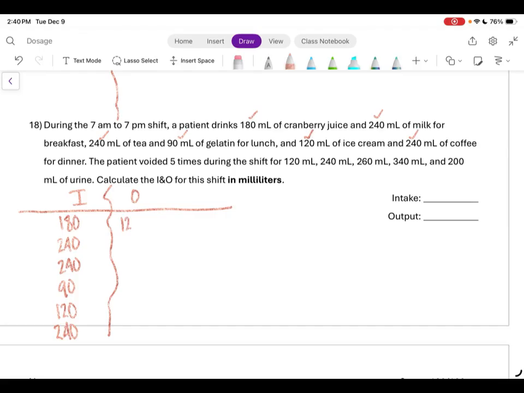Our output, I have 120, 240, 260, 340, and 200. Okay? So when I add up my intake side first, I'm gonna get 1,110. Output, 1,160, whatever floats your boat.